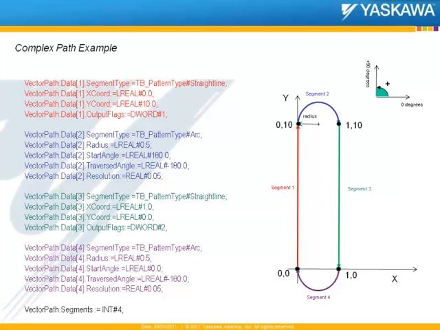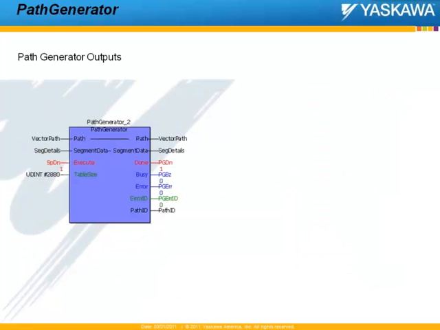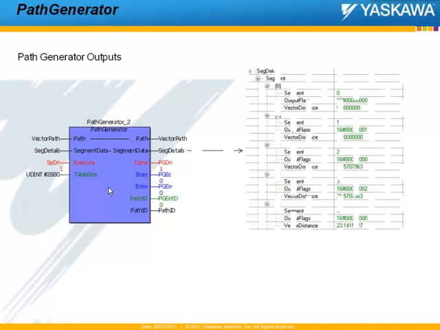So once this data is entered into the vector path variable, once a vector path variable has been populated with this data, I can execute my path generator, which will create a path ID and segment details from the path generator function block. And so you can see the kind of segment details that I get from my path generator function block. You can see here, by default, the first array is left 0.